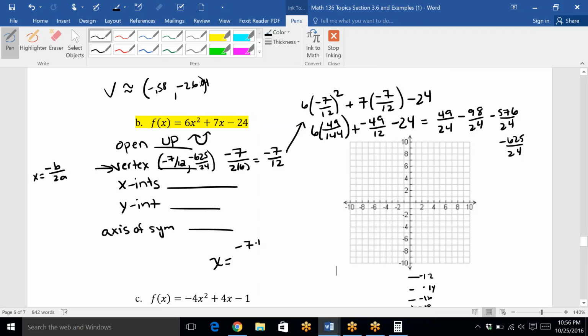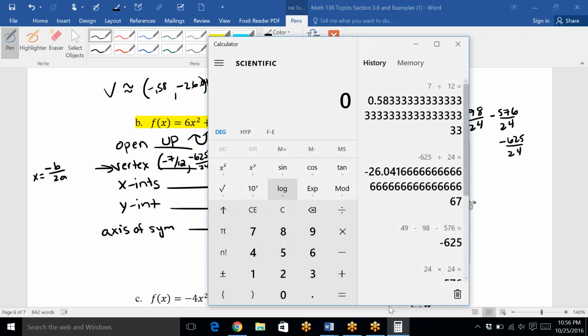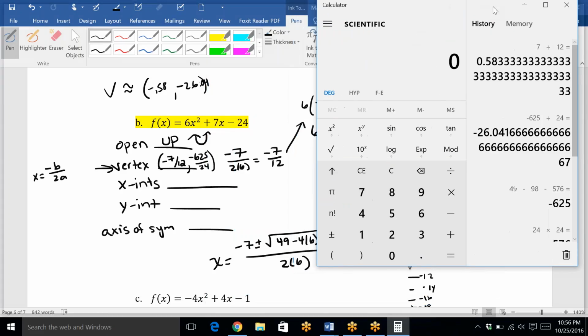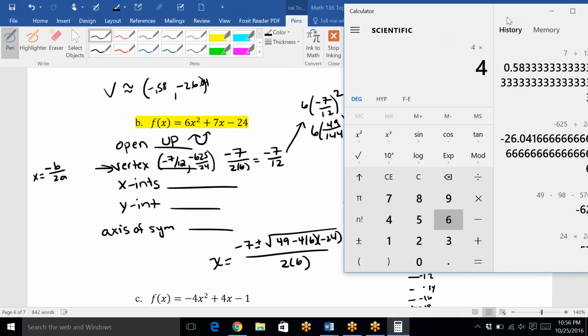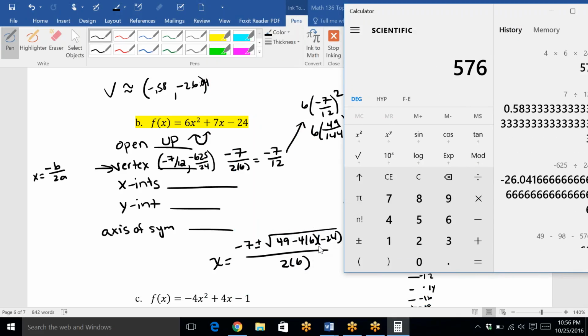So negative b plus or minus the square root, b squared would be 49 minus 4ac all over 2a. So this one would have, let's see, 4 times 6 times 24 is 576, and that is all positive because it's a negative times a negative, plus the 49.